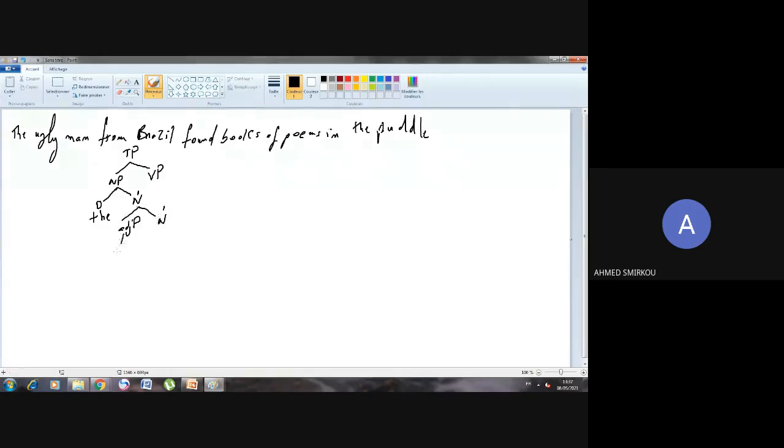It is simply an adjunct. So here adjective phrase, here adjective bar, and here adjective. Please, don't do adjective phrase and bar directly; it's impossible. So adjective phrase, adjective bar, adjective, which is ugly.